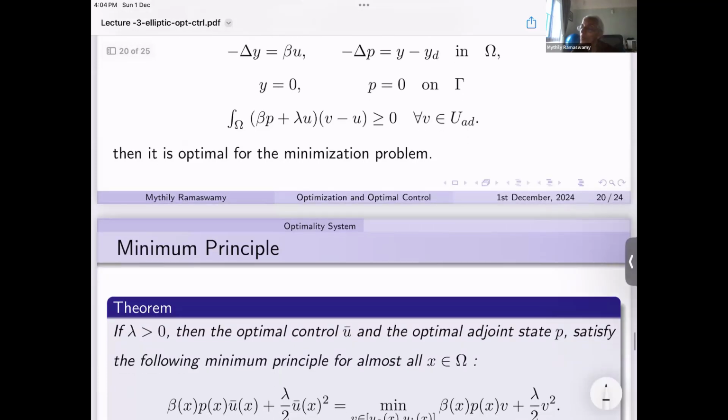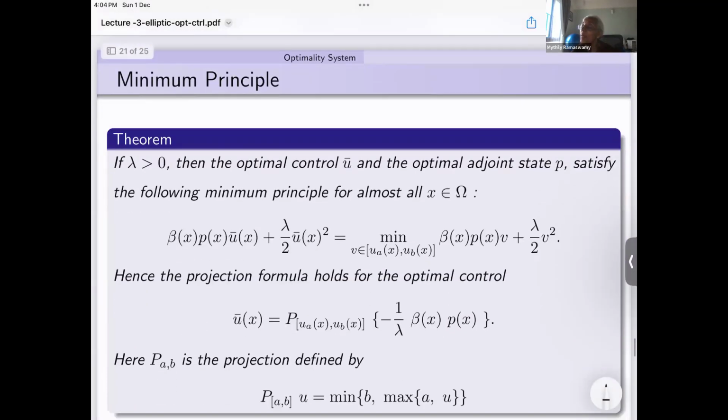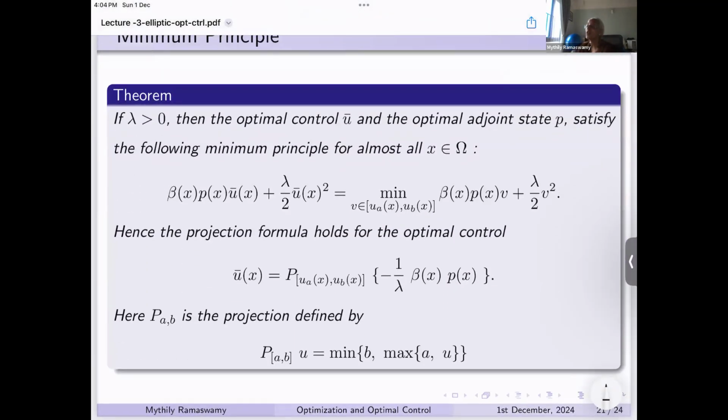So the minimum principle will be: if lambda is strictly positive, then I can write the optimal control U bar and the optimal adjoint state P through this minimum principle, like we wrote in the case of the Pontryagin minimum principle.